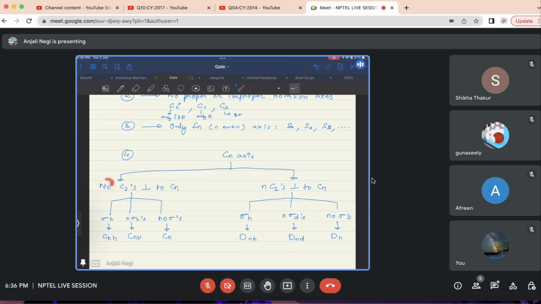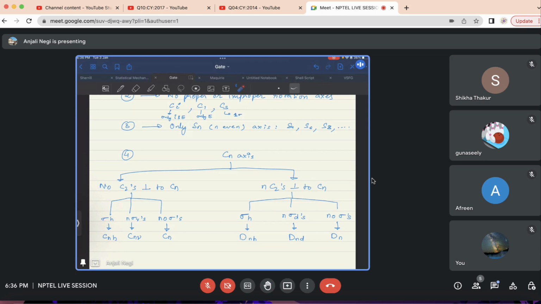So if there are no other C2 which are perpendicular to Cn, then it will be a C type point group, where you can just go through it, like no sigma is present, no mirror plane is there. If n sigma v mirror planes are there, then it will be Cnv. Otherwise, if it is sigma h, then it is Cnh.